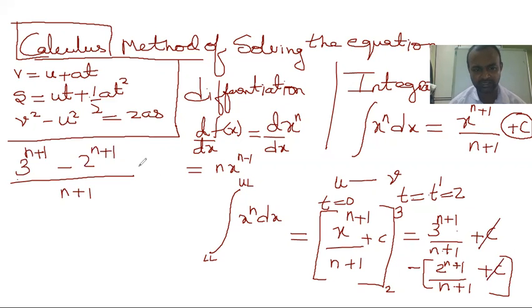You will not get that c because it gets cancelled. You can write that as c minus c, which cancels. So this is your final result. Okay, I hope this is very clearly understood.